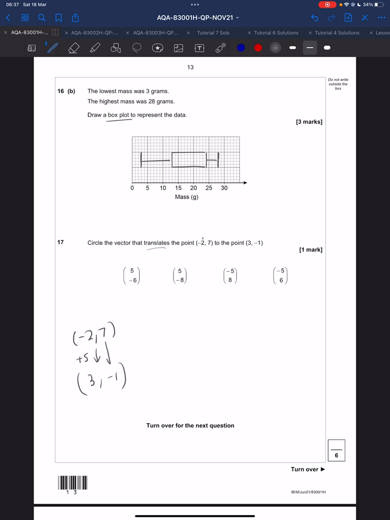And the second one goes from 7 to -1, so it's got to be -8. So it's +5, -8. This is the starting point. You add 5 to the first coordinate, that brings us up to 3. Then 7 minus 8 is -1. So that one works.